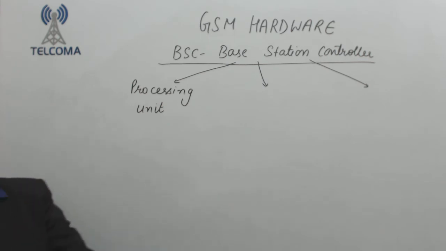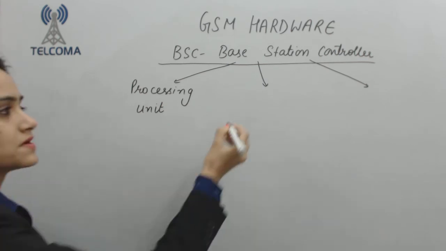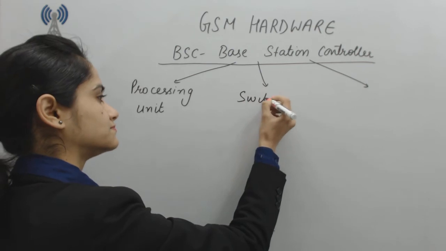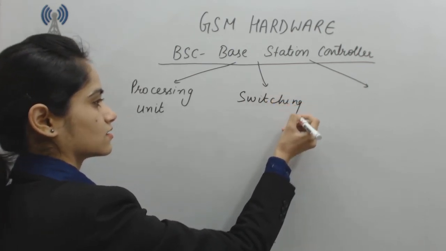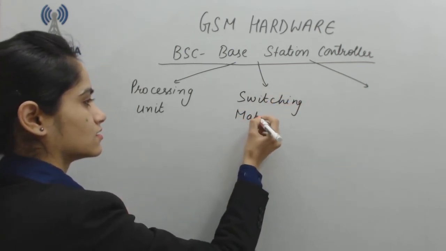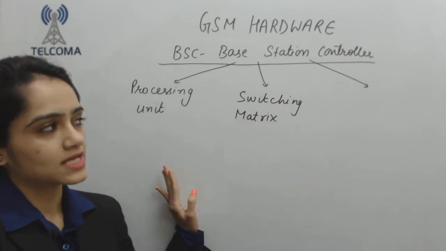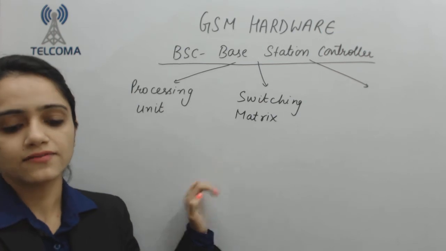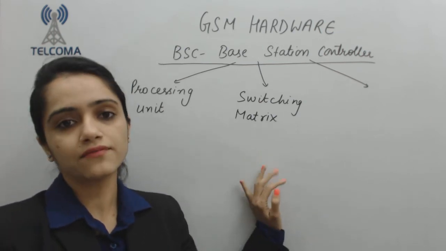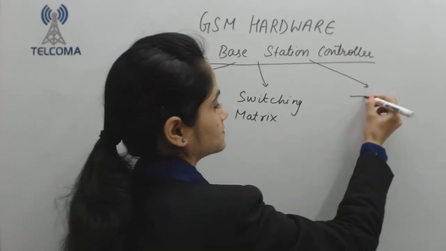The first part is the processing unit, then we have the switching matrix, and then we have trunk controller units.